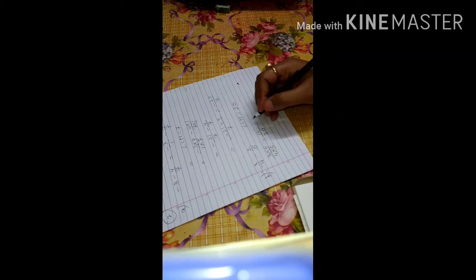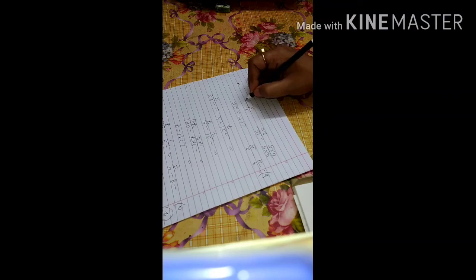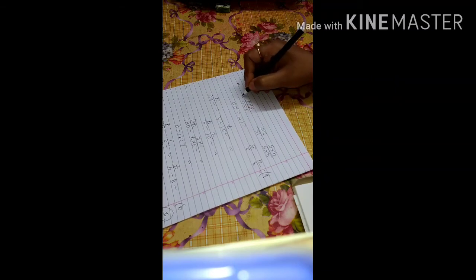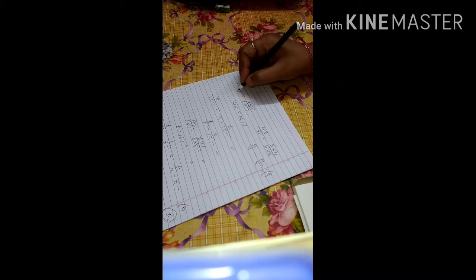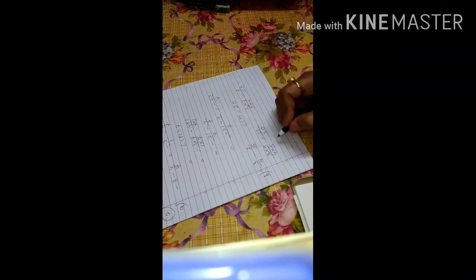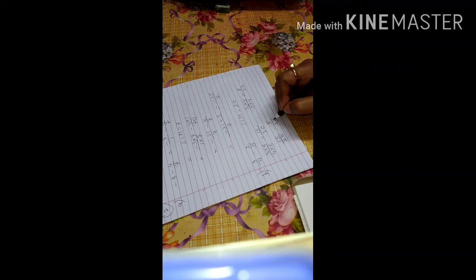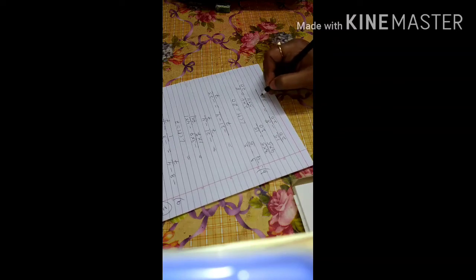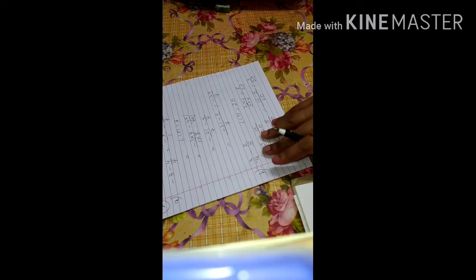Then minus 2 by 5, and which number will you multiply to get 20? 4, in numerator and denominator, and you get 8 by 20. Now write according to the question, 15 by 20 minus 8 by 20, so 20 as the denominator, 15 minus 8 is 7 by 20, which is the answer.